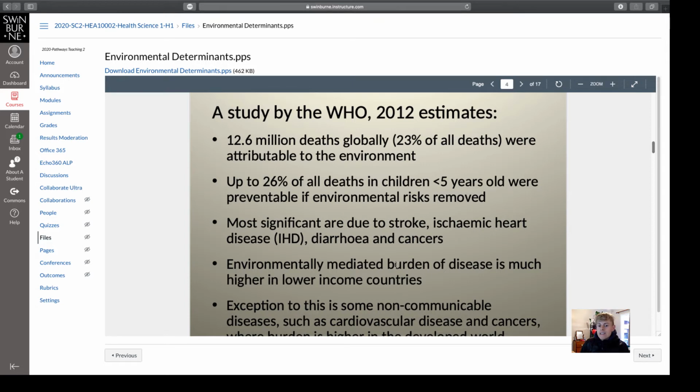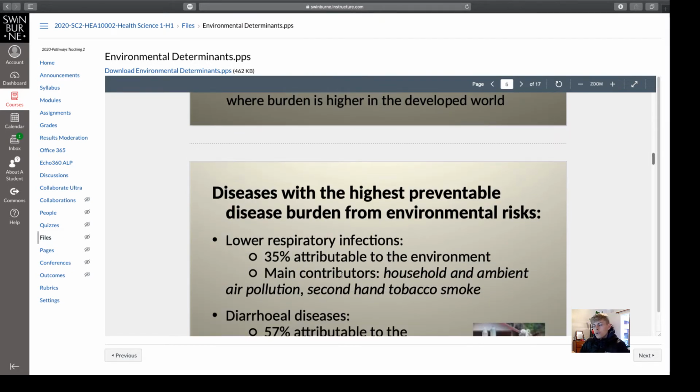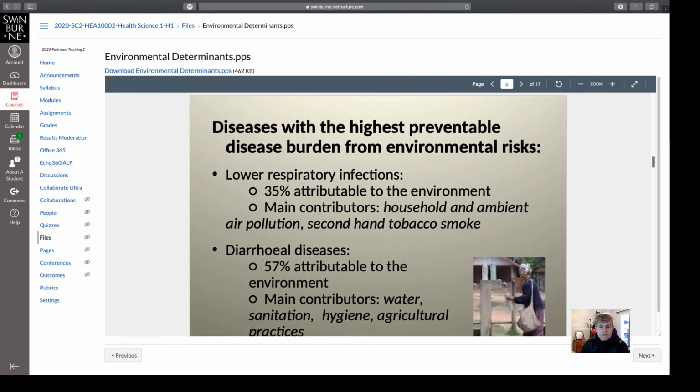If we look at each of these health conditions, which these next few slides are getting you to do, we see that the diseases with the highest preventable burden from environmental factors are lower respiratory infections and diarrheal diseases. And the specific environmental determinants of these conditions include secondhand tobacco smoke, air pollution, inadequate water, and inadequate sanitation.